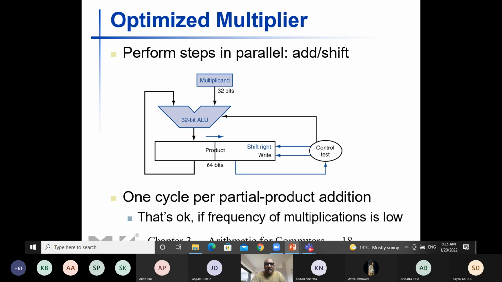So instead of doing it step by step in an iterative way, if we have a provision of 32 such 32-bit adders available, you can perform all of them simultaneously, because we know the multiplier digits. Based on the multiplier digit, one of the inputs of the 32-bit adders can be given.